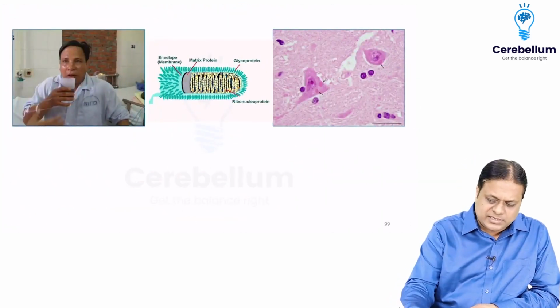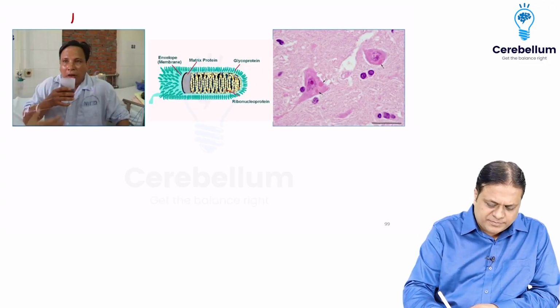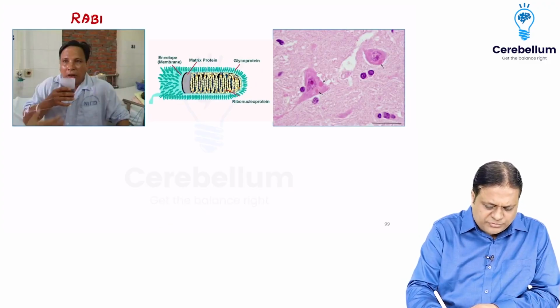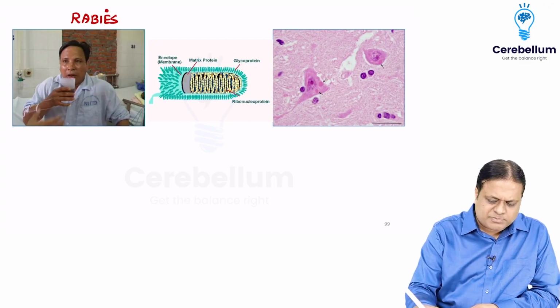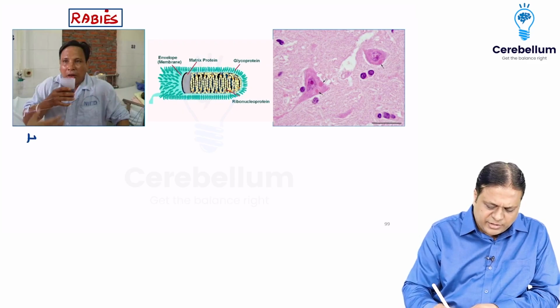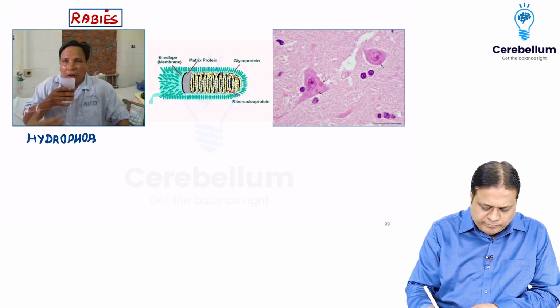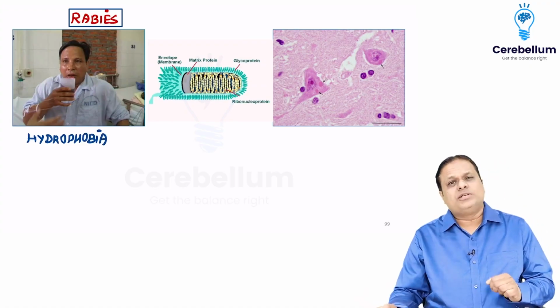This is the disease rabies. What is shown in the first image is the pathognomonic clinical feature, that is hydrophobia. Aerophobia is also present.